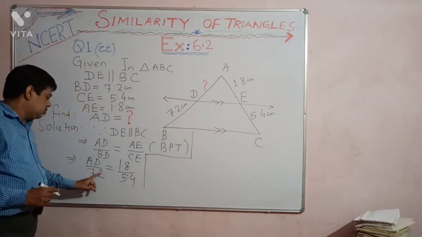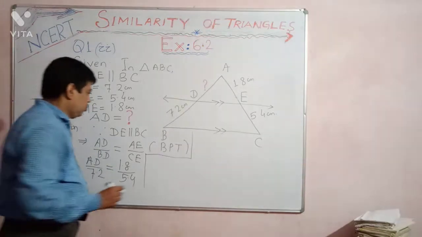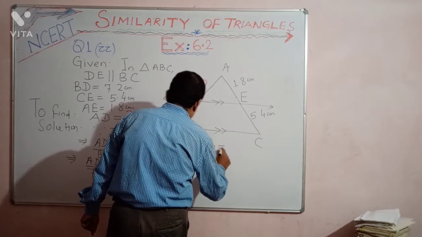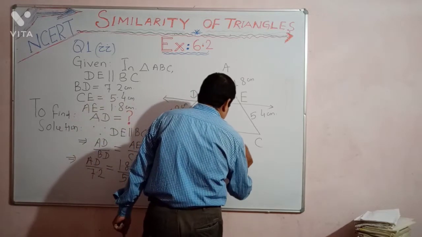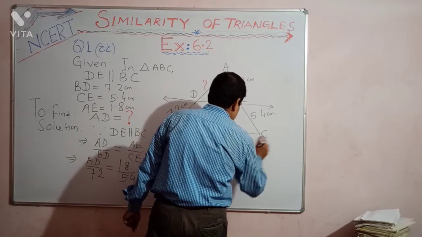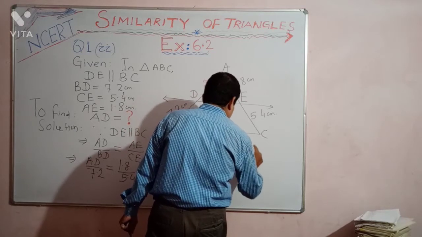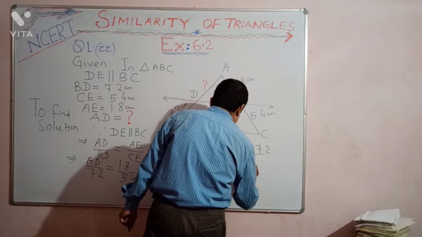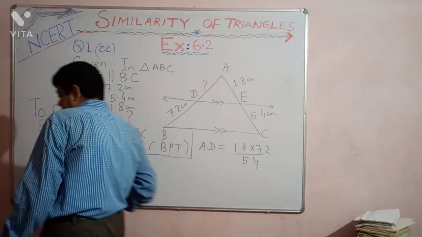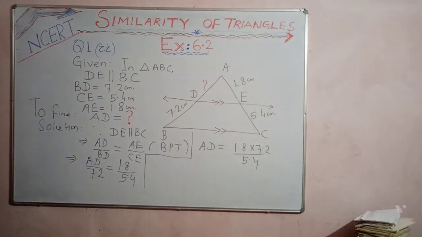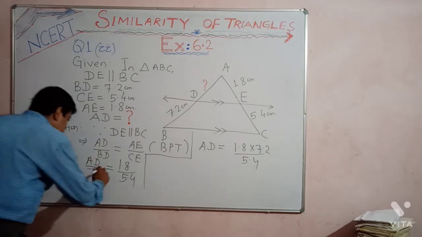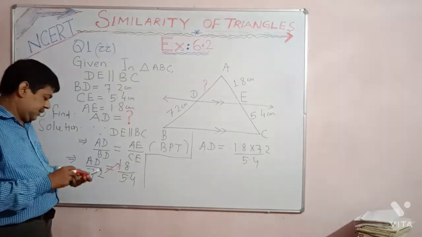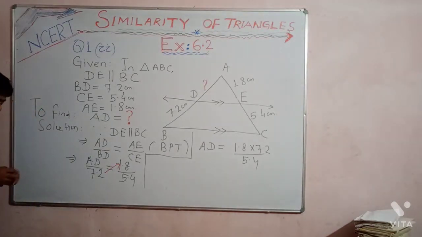So AD is equal to 1.8 into 7.2 divided by 5.4. What will happen here? 7.2 will be transposed to the right hand side, and it will be multiplied with 1.8. Right? So this is the value of AD.